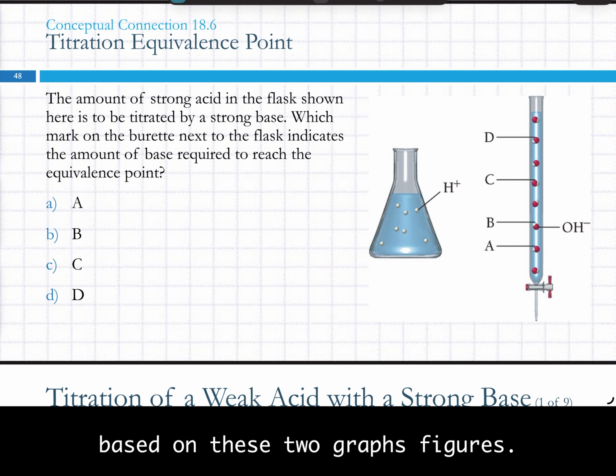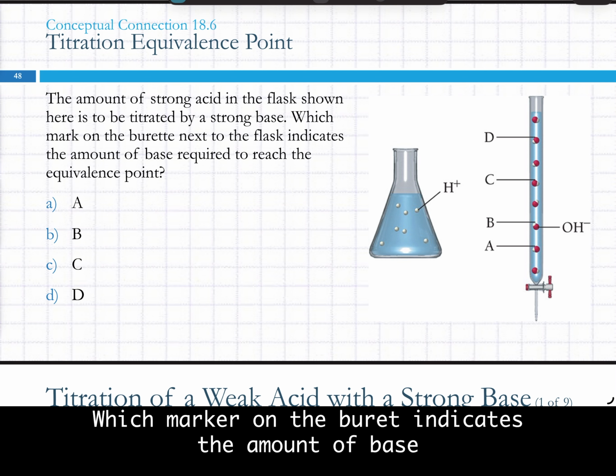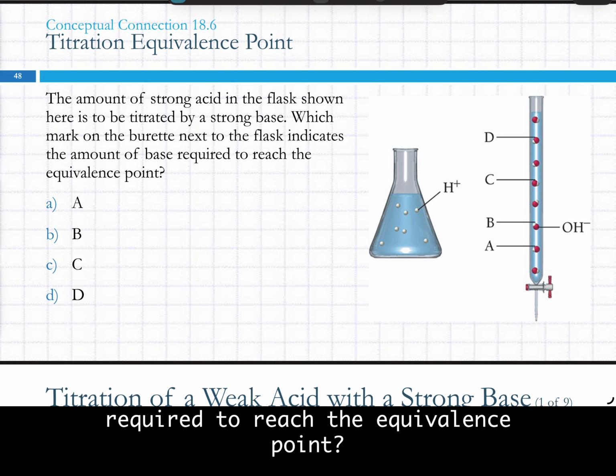So based on these two graphs, figure out which marker on the burette indicates the amount of base required to reach the equivalence point.